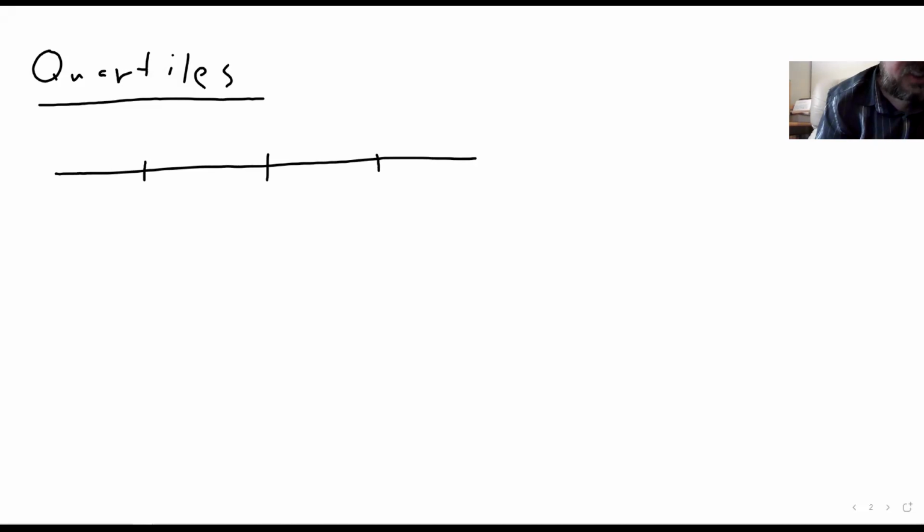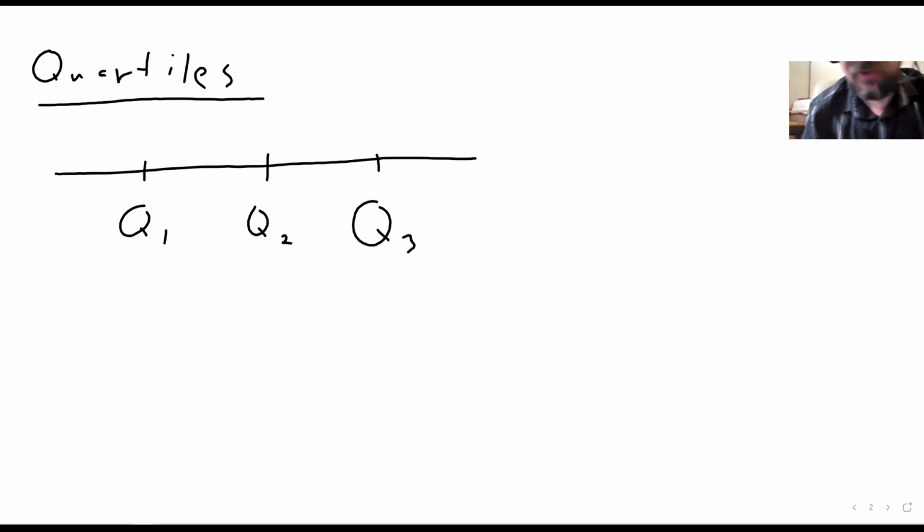So this is quartile 1, which we abbreviate Q1. This is quartile 2, which we abbreviate not Q2, but I'll put it like that for right now. And then this one is quartile 3, which is abbreviated Q3. We don't usually call the middle quartile, quartile 2. We typically call it the median. That's what the median is.